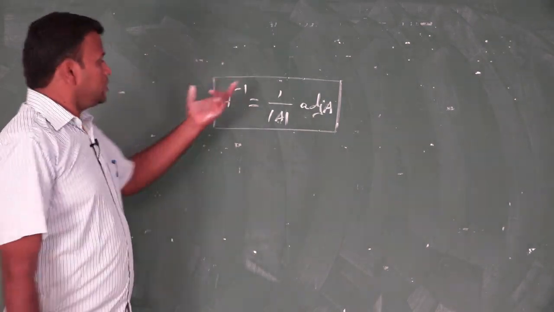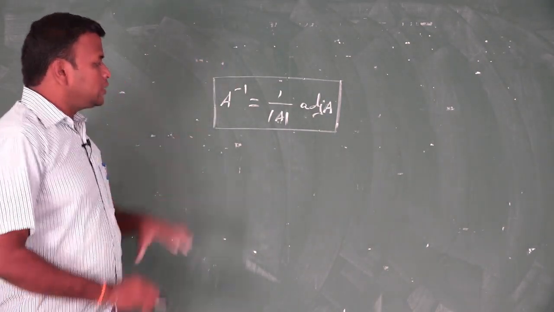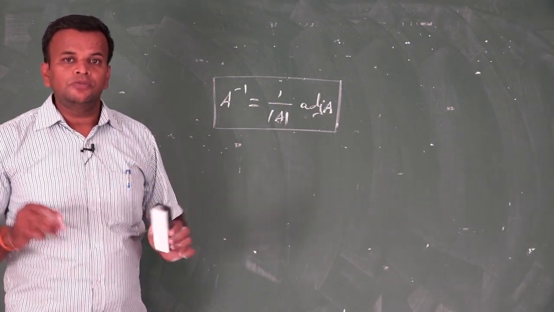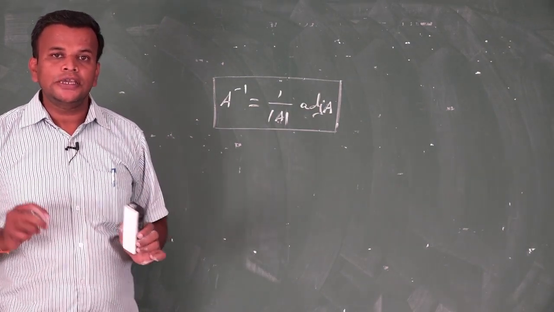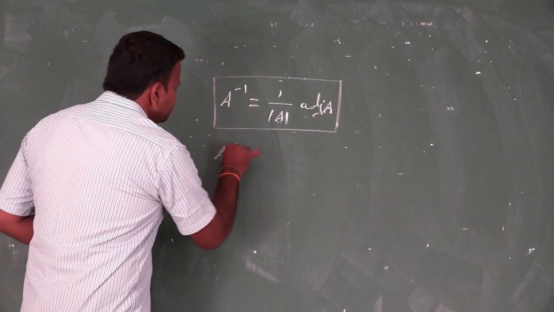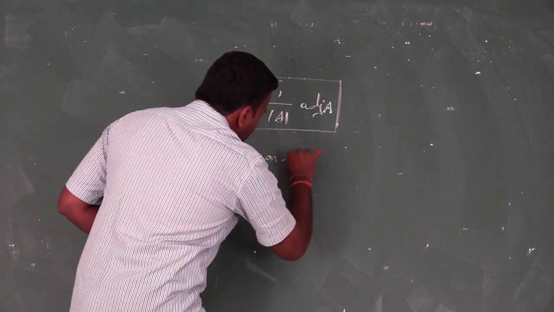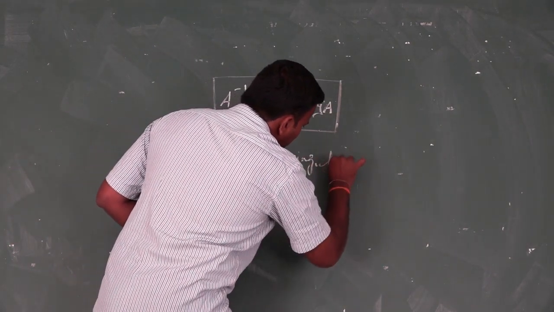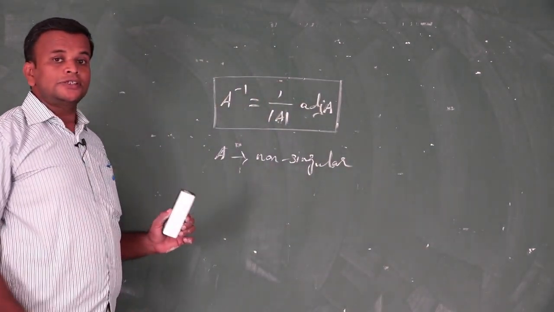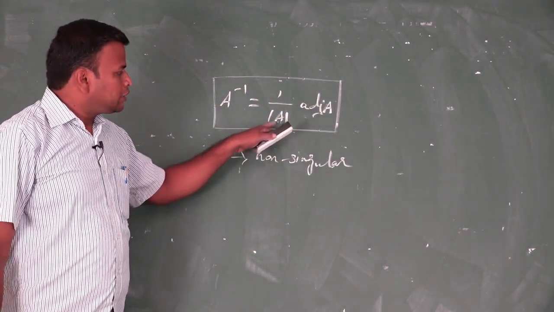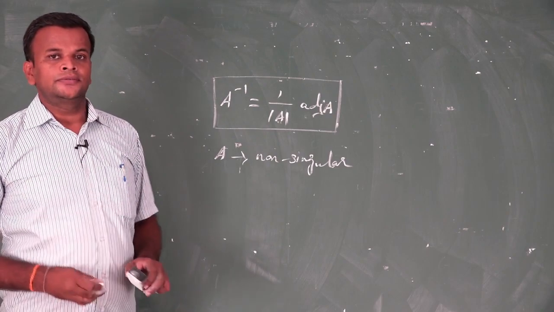Now I say again, when is A inverse possible? A inverse is possible only when the given matrix A is non-singular. Because you see in our formula, determinant A lies in the denominator.